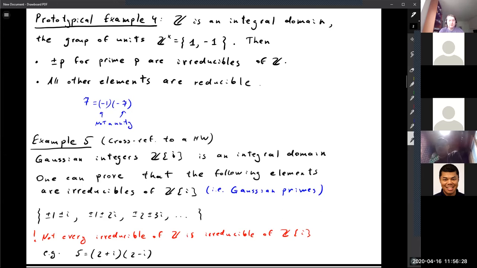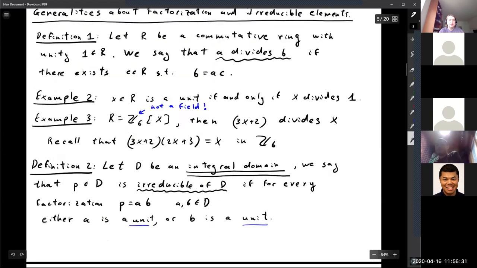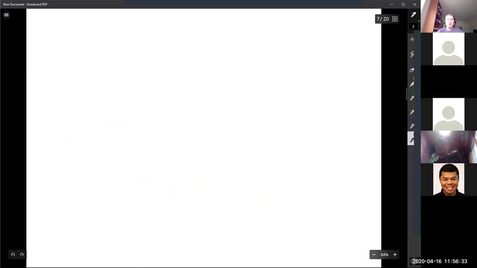Okay, this brings us to the following example for the ring of polynomials. So that will be example 6. The ring of polynomials in one variable with integer coefficients is an integral domain.